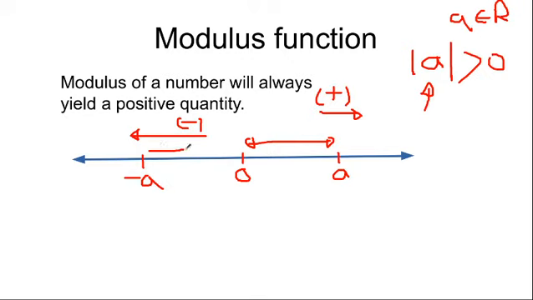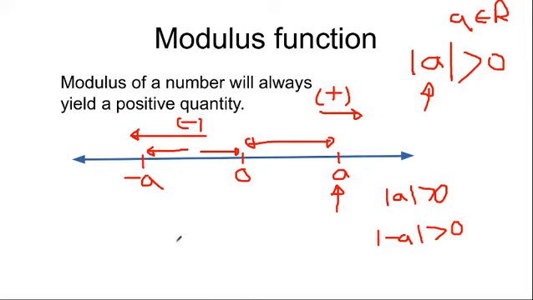But still, you can see here that the distance between these two values is the same as the distance between 0 and positive a. So it doesn't matter whether a is positive or negative, this will always yield a positive quantity.